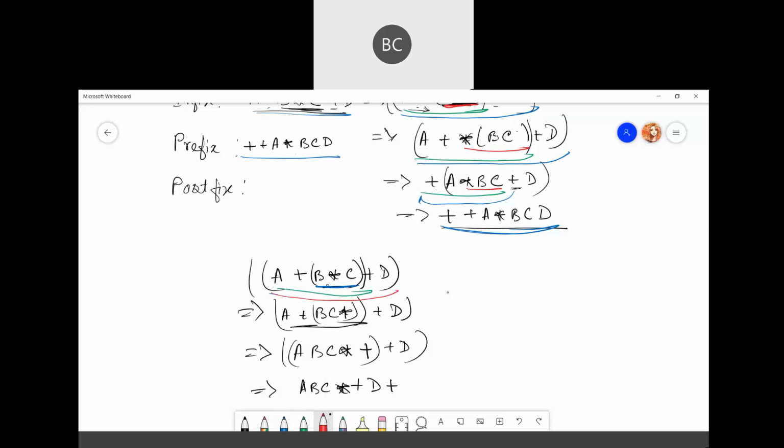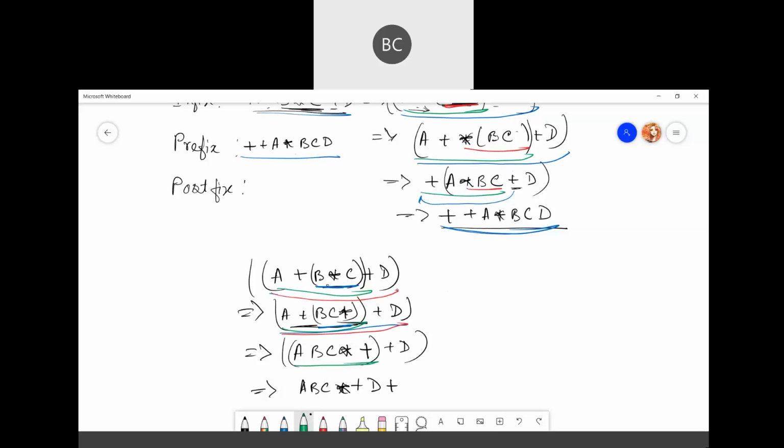So for postfix, you put this star sign after BC, then this expression is there. Now you will evaluate this one, because of left associativity you evaluate the left-hand sign first. So since you do this part, this plus sign will come here.